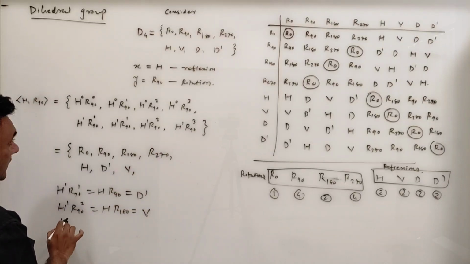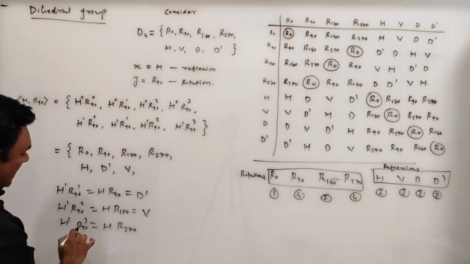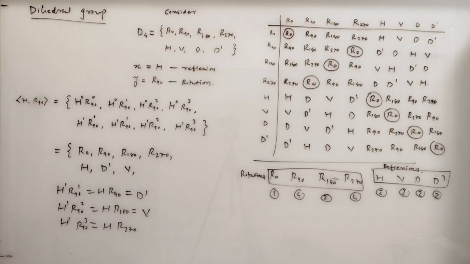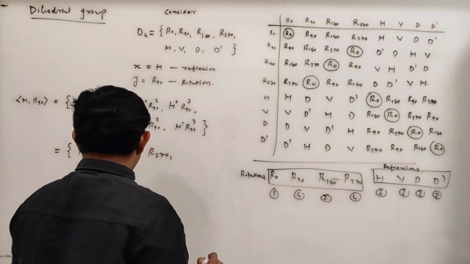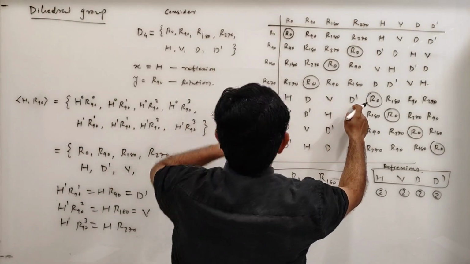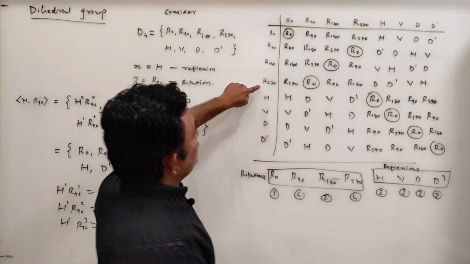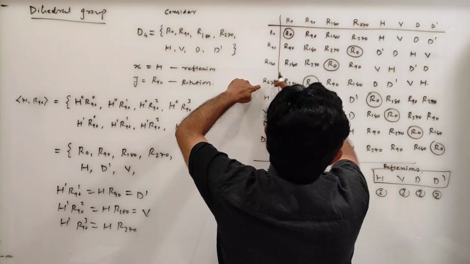And h1 r90 cube will be h r270, since r90 cube is r270. So h r270, sorry, r270 h.